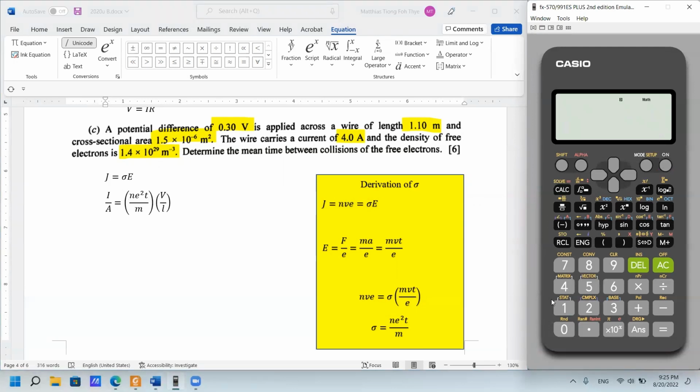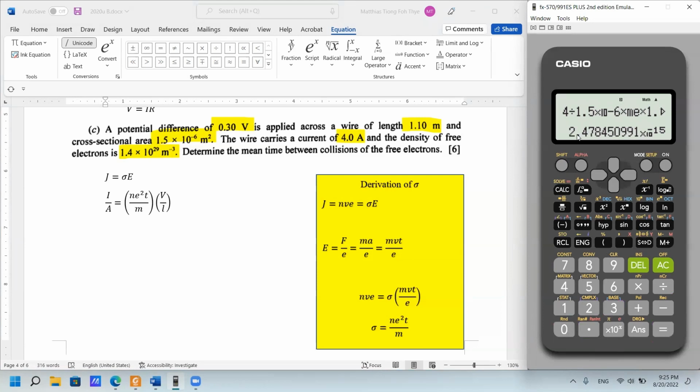So we have the current divided by area, 4 divided by the area, which is 1.5 times 10 to the power of -6. Then we multiply by the mass of the electron and also the length of the conductor, 1.1 meter. Then we divide by the electron density, which is 1.4 times 10 to the power of 29, divide by the charge of the electron squared, and then divide by the voltage, which is 0.3 volt.